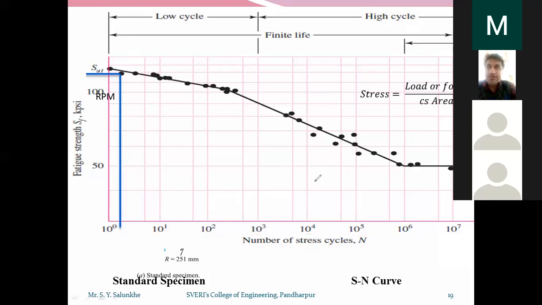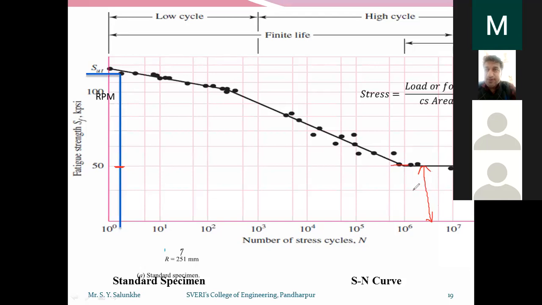Okay, so we can have some value of stress here. In this case, we can take an example of 50. If you provide cycles of completely reversed stress at this value, then that specimen is going to sustain it for its lifetime, for an infinite number of cycles.